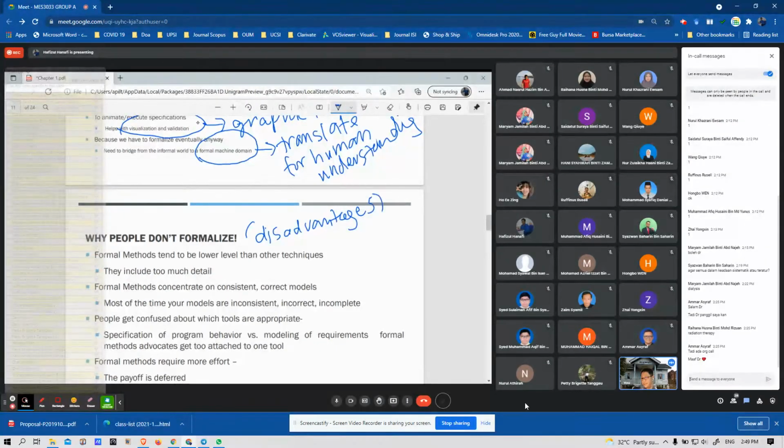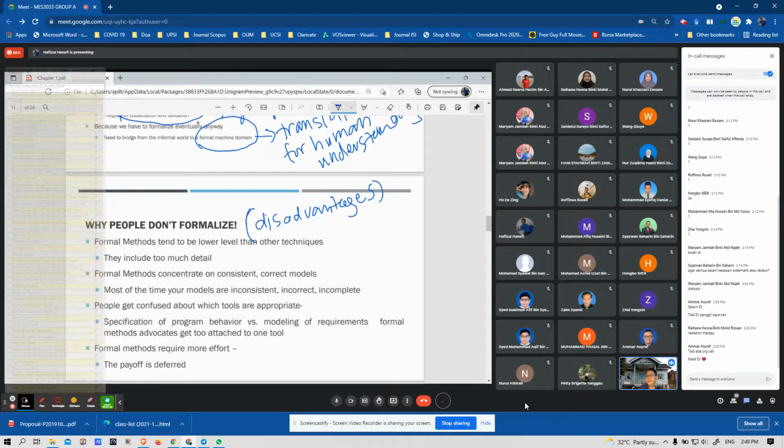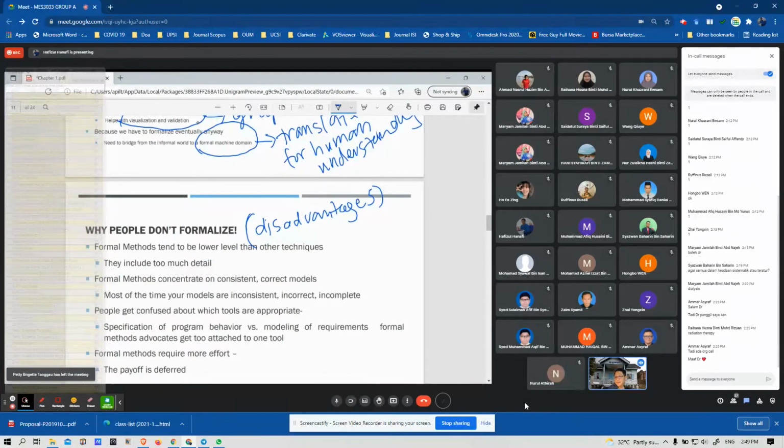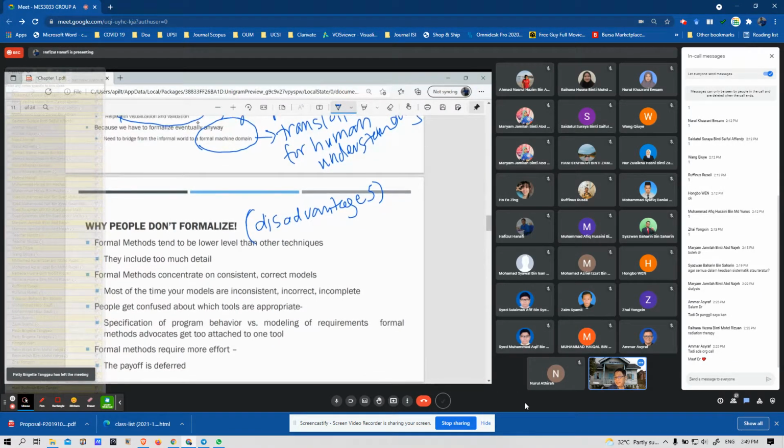Formal methods tend to be lower level than other techniques because they infer low level languages. It also includes too much detail, which means too much process, the processing of inferences.